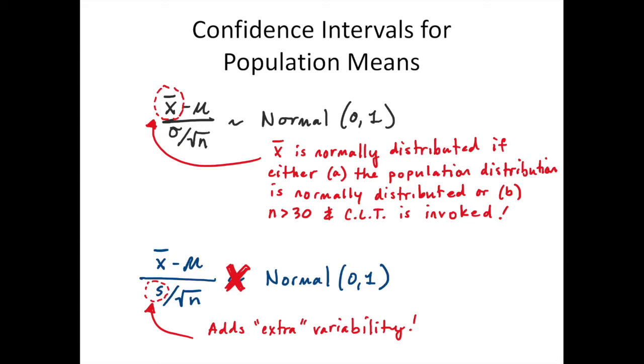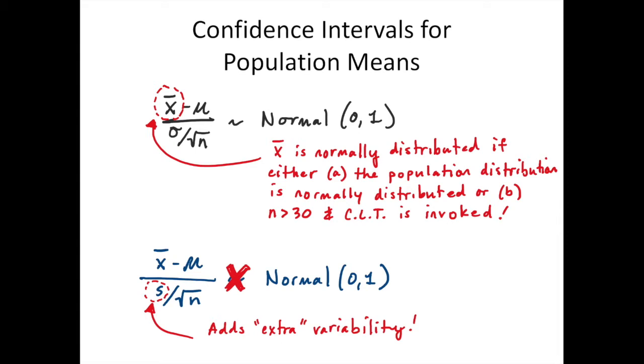However, when we replace sigma by S in that denominator, even under those two conditions, x bar minus mu, now divided by S divided by radical n, happens to not be normally distributed. So we don't get a standard normal random variable out of this. So using critical values from the standard normal distribution, those z-scores, is incorrect.